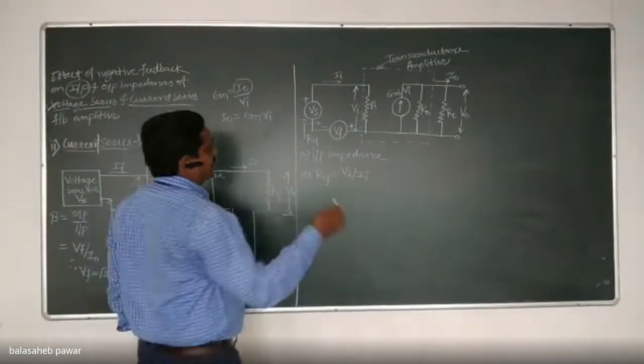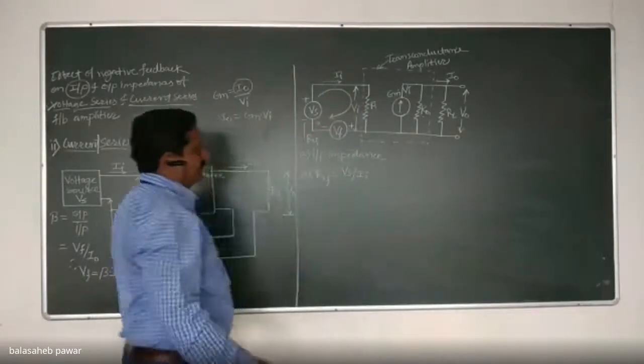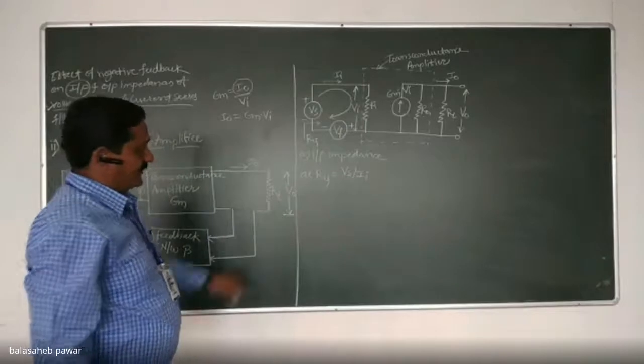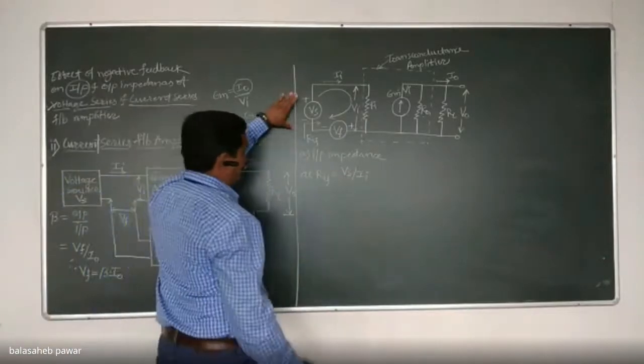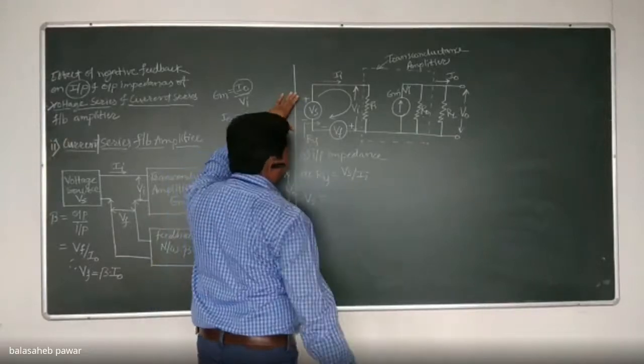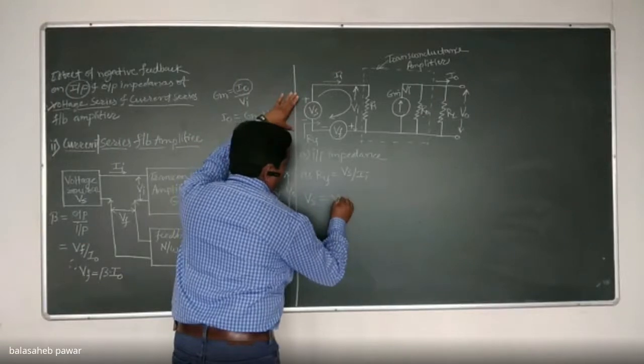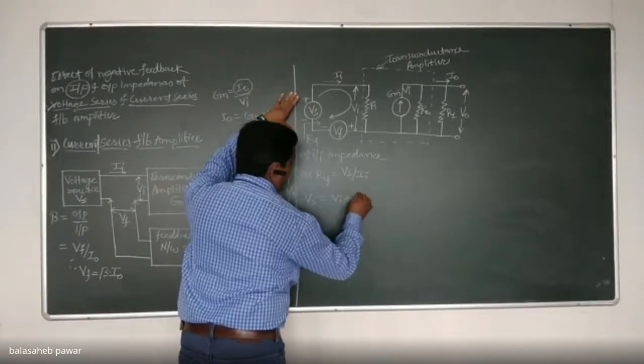Now, the second step, we write by applying KVL to the input, note down at your end also. VS equals VI plus VF. Is it correct?